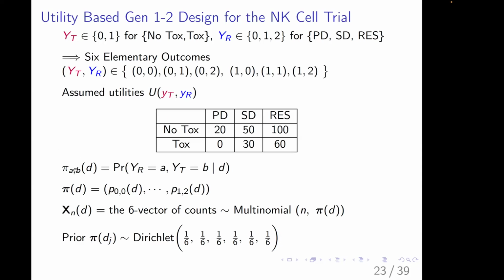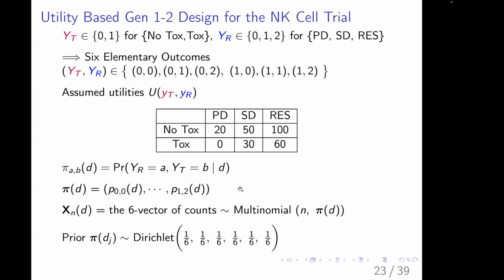So let's denote the joint probability for outcome A, which is 0 or 1, and Y sub R, which is 0, 1 or 2 for progressive disease, stable disease, response, and likewise B has 2 values. Now let's take this vector of joint probabilities and just string it out as a vector of P0, P0, all the way to P1.